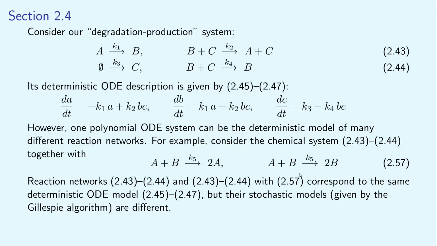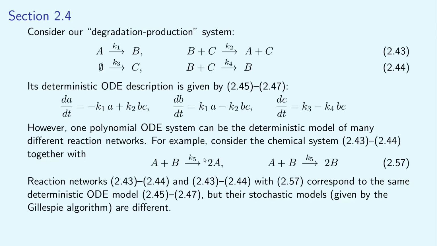However, A is also removed by the second reaction with the same rate constant K5. So there should be minus K5AB in the first differential equation as well. In particular, the terms corresponding to the first reaction will cancel with the terms corresponding to the second reaction. So K5 will not appear in the deterministic ODEs at all.